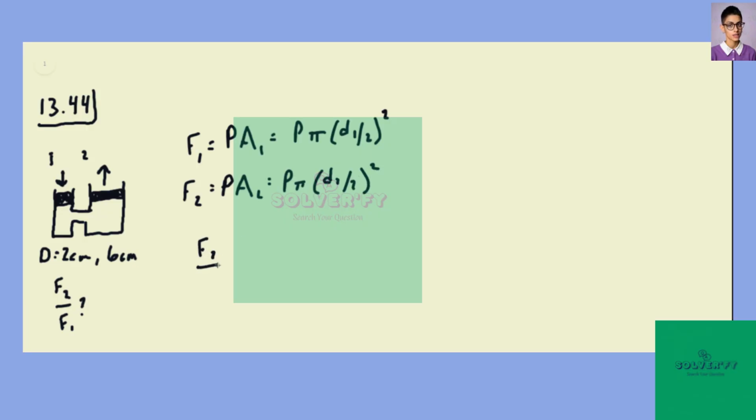And so then the factor by which the larger piston can exert a force compared to the force applied to the smaller piston is P times pi d1, let's just keep it written like this, d1 over 2 squared, divided by P times pi times d2 over 2 squared.